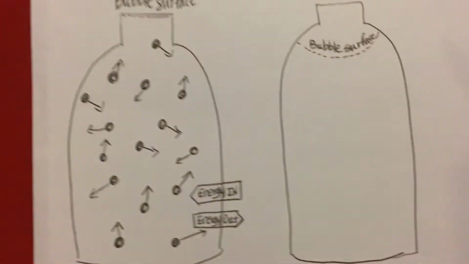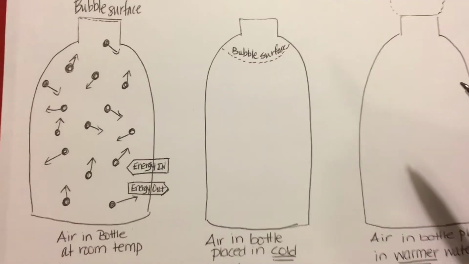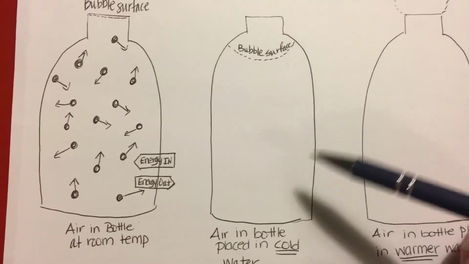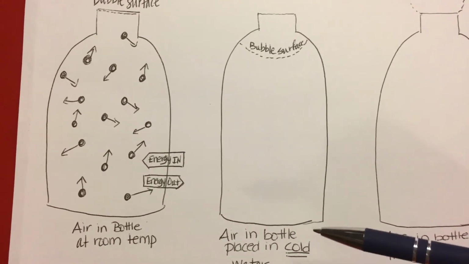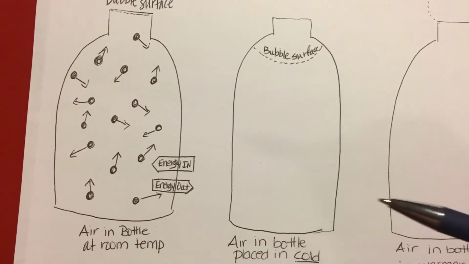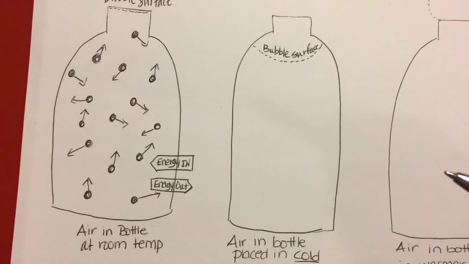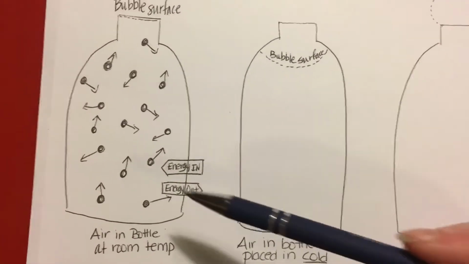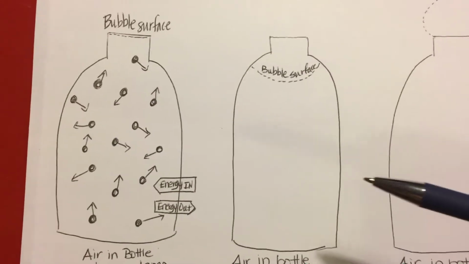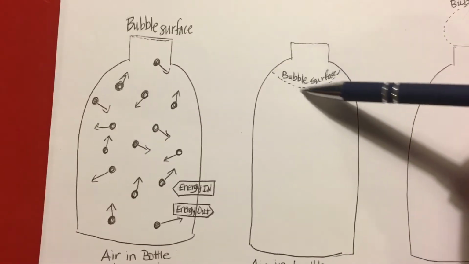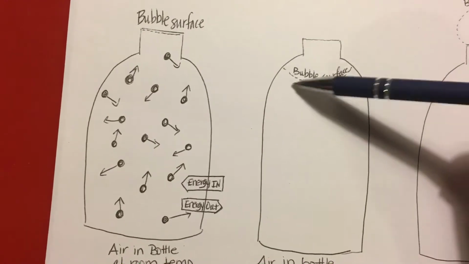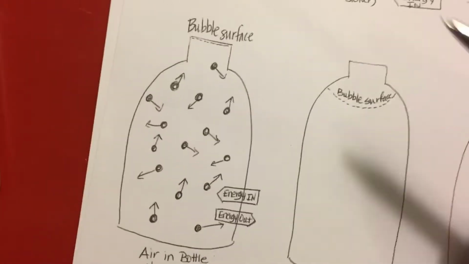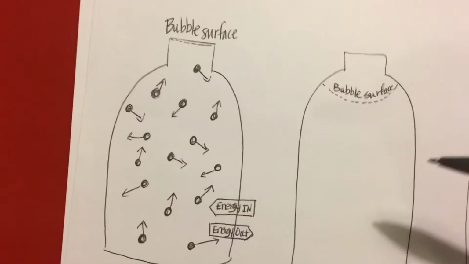For our second bottle, we're going to be making a model of the air in the bottle placed in the cold water. So we are going to have to think about the number of molecules in our bottle. Because this is a closed system, in other words, no material can get in or out, we need to have the same number of molecules.